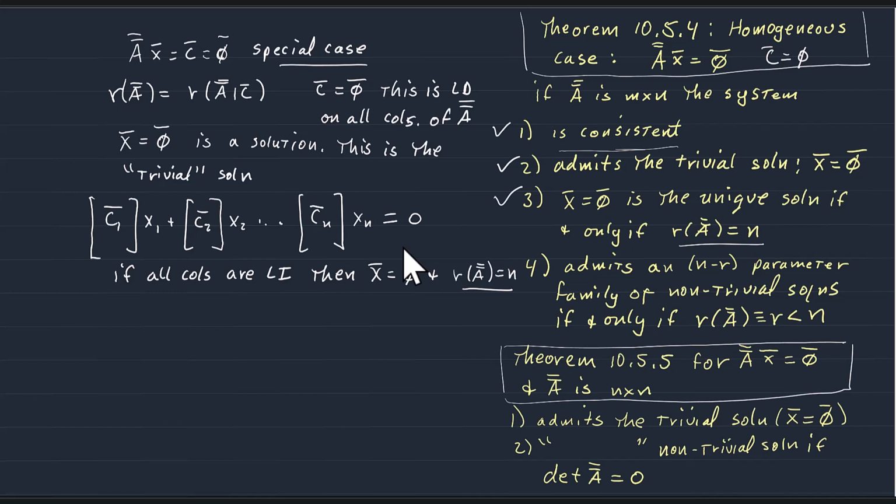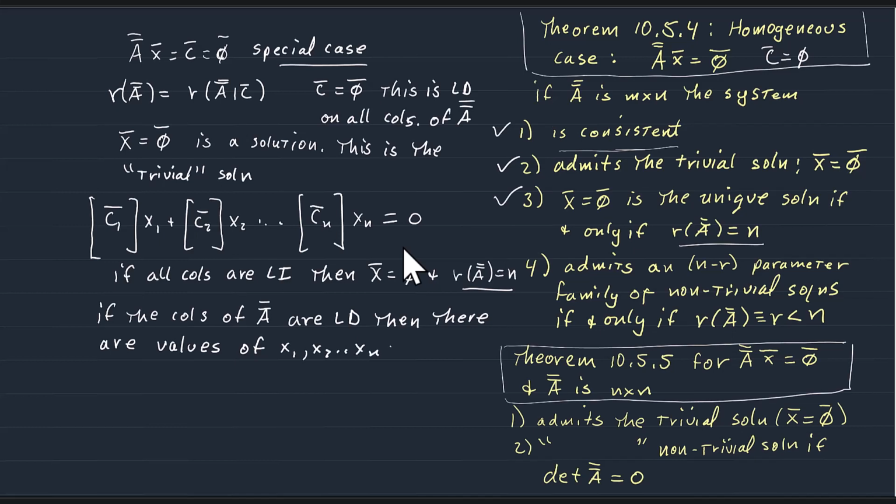And then for this last part, let's imagine the columns of A are linearly dependent. Then there are values of x1, x2, etc. that are not equal to 0.